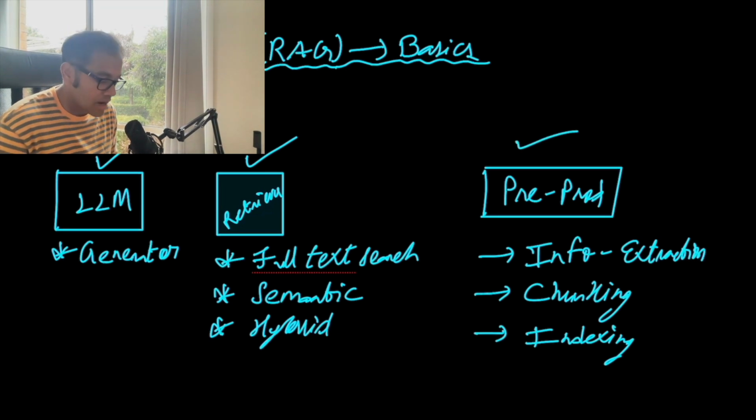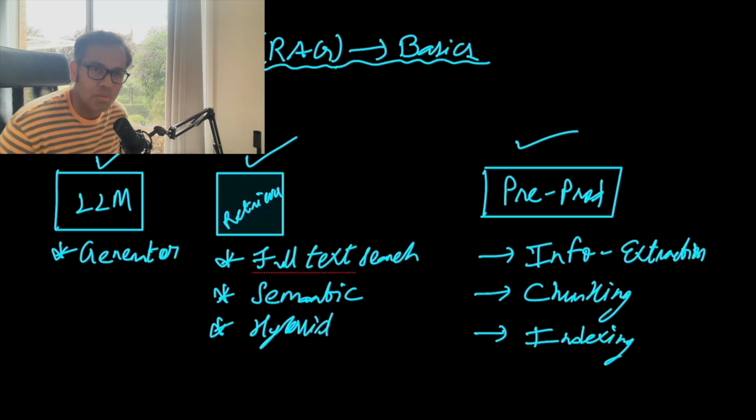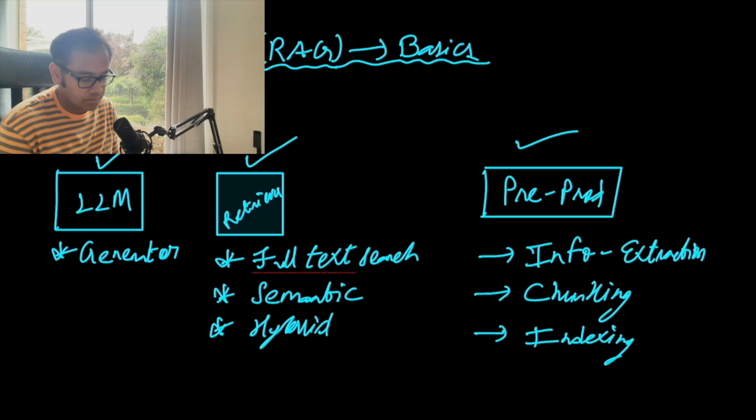Now, I didn't speak of the large language model in here because the assumption is most good large language models that you will probably use, whether it might be a Claude or a GPT-4, should do a decent enough job for you. But a few of the considerations that you should always have when choosing a large language model are cost.